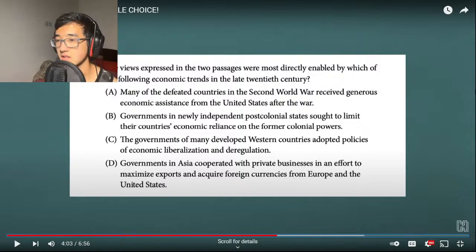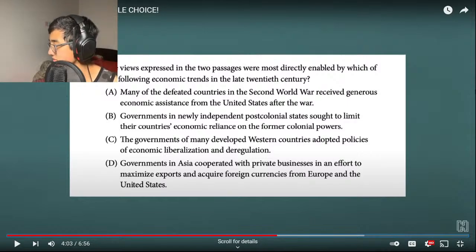I don't think that has anything to do with the thing at all, either. C, the governments of many developed Western countries adopted policies of economic liberalization and deregulation. D, governments in Asia cooperated with private businesses in an effort to maximize exports and acquire foreign currencies from Europe and the United States. Oof, can't tell.